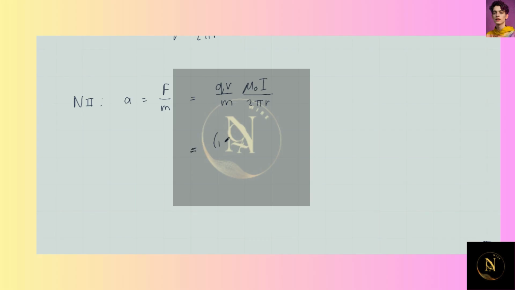So the charge on the plane we know is 18 times 10 to the minus 3 coulombs. Its velocity is 2.8 meters per second. We know mu naught is a constant, and in SI units, this is 4 pi times 10 to the minus 7 Tesla meter per ampere times the current through the wire of 25 amperes.